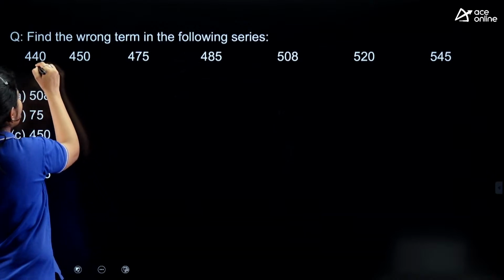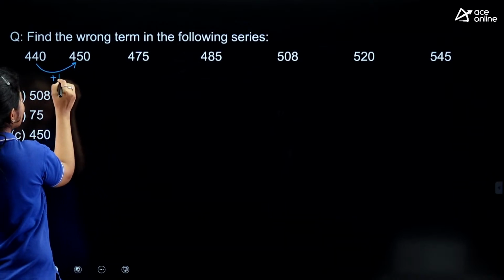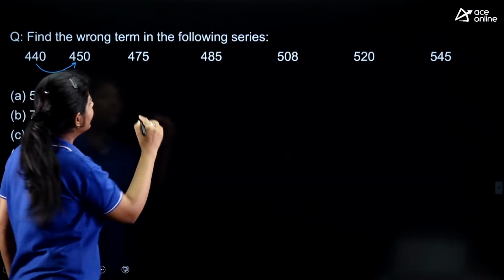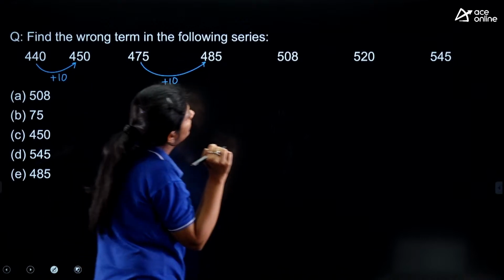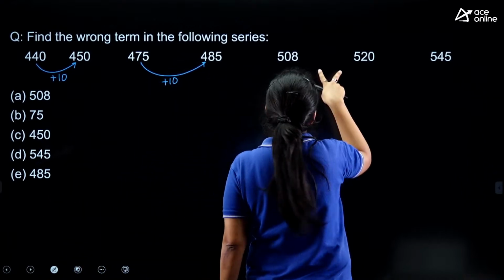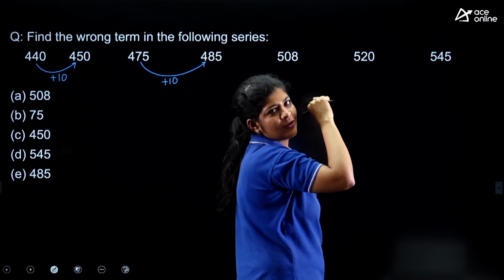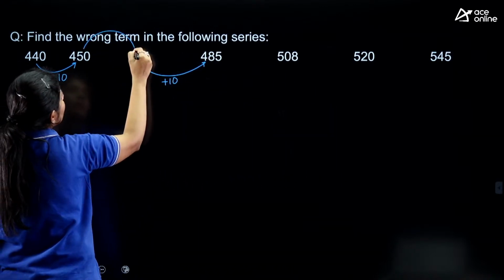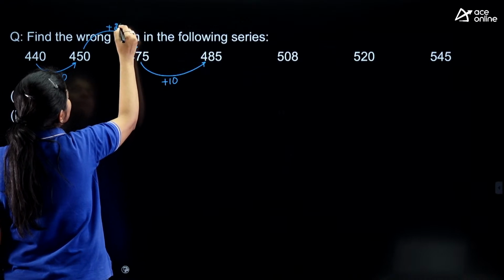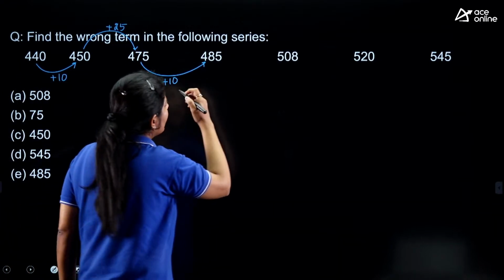What we have, we are having a difference of plus 10, right? Here we can easily detect. Here again plus 10. So here also I need plus 10, but it is not existing over here, right? Here I am having a difference of plus 25, right?